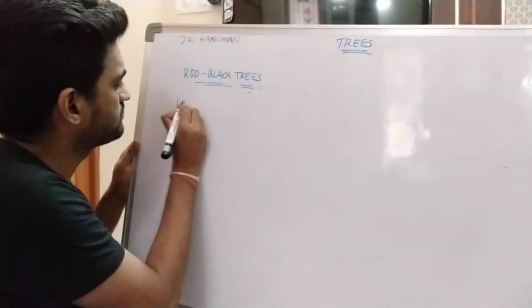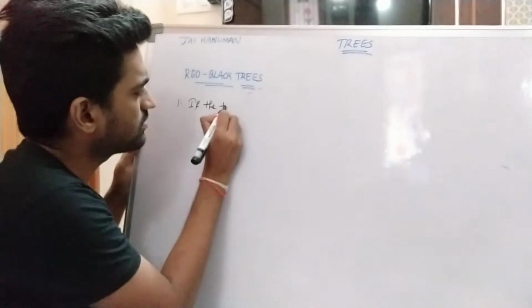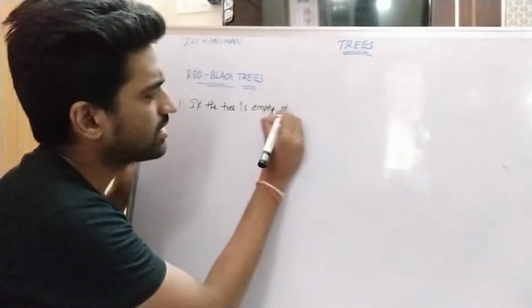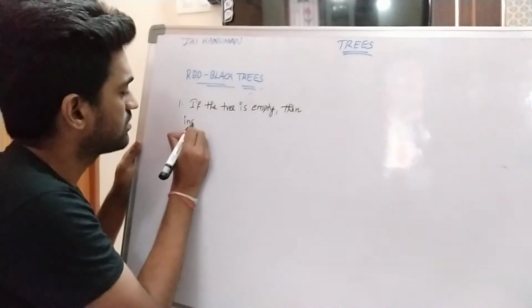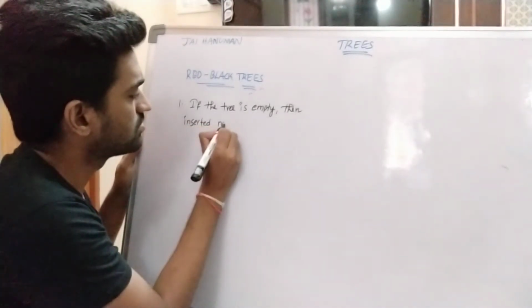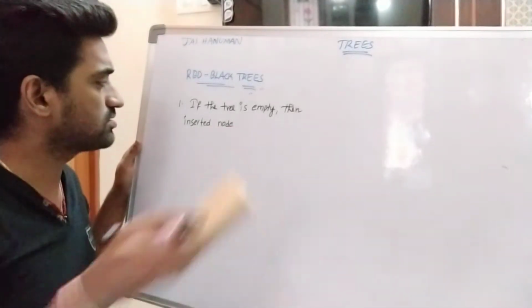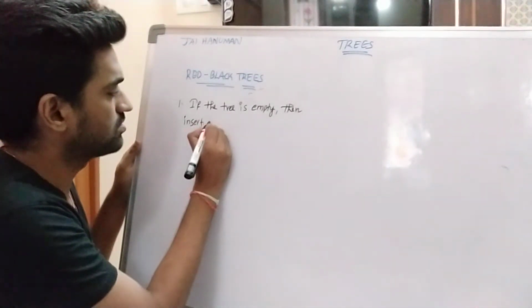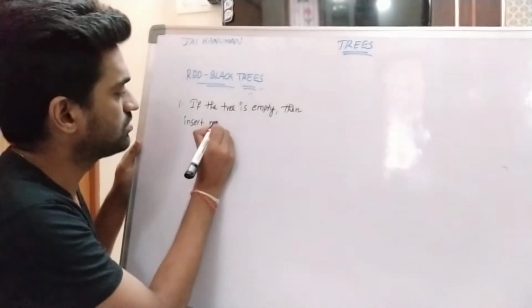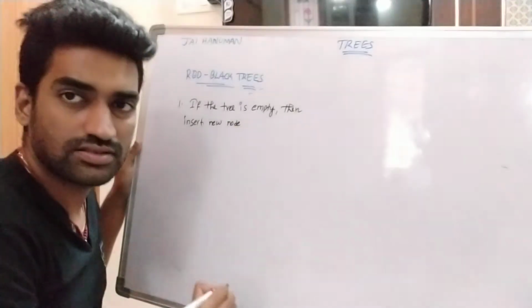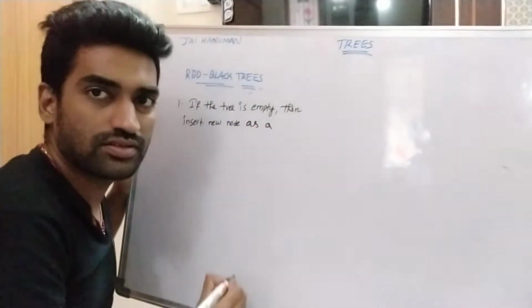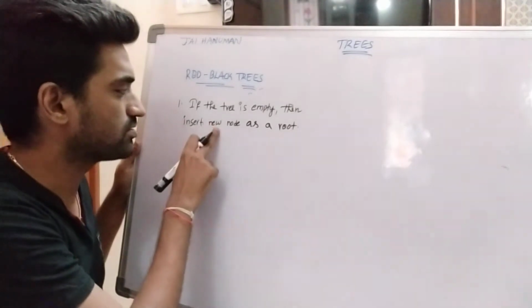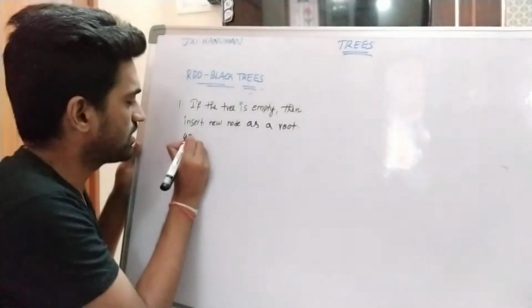The first rule is, if the tree is empty, then insert the new node as a root with color black.